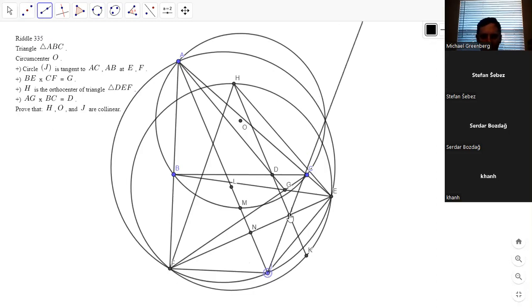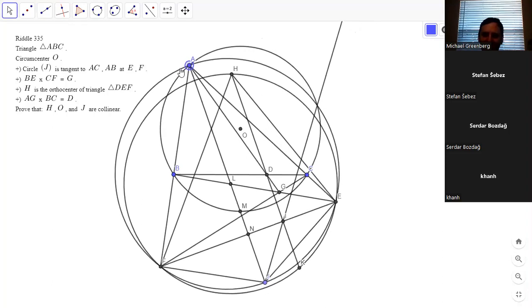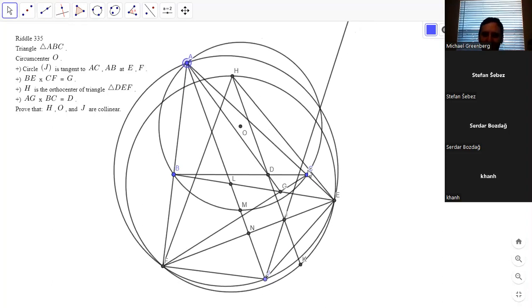Let's see. Oh, are J, I, and that point collinear? Or is that a coincidence or concurrent? Yeah, it looks like it's true. Interesting. That's very random.